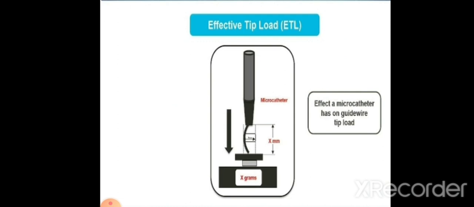So this means that if you have a guide wire with a well-known tip load, this tip load could change or increase by the effect of the microcatheter on it. So the effective tip load range means, imagine that you have the distal 12 millimeter of the guide wire.